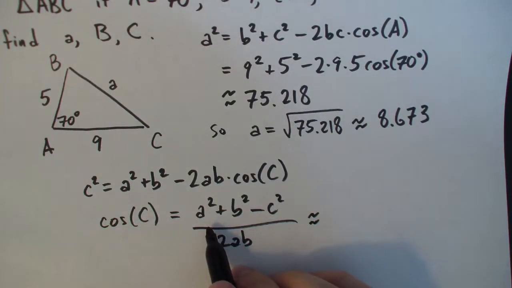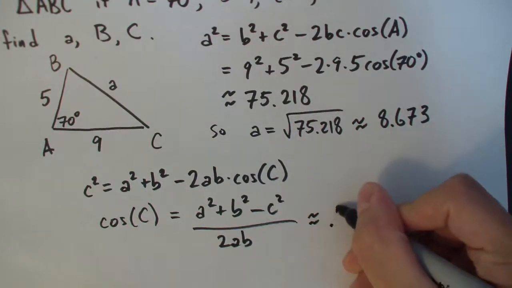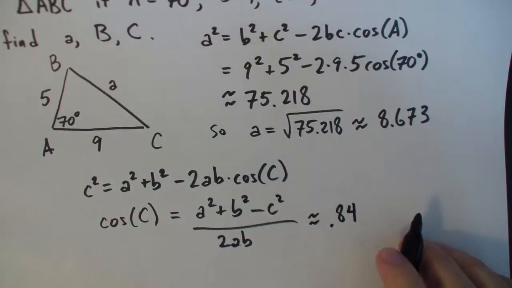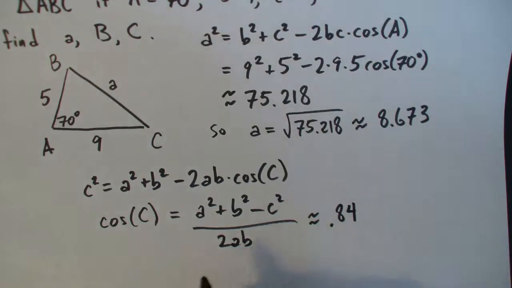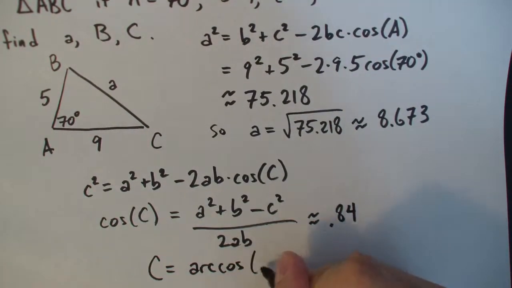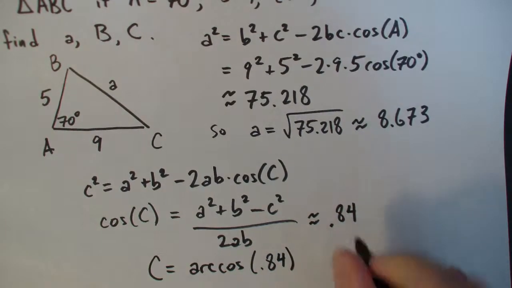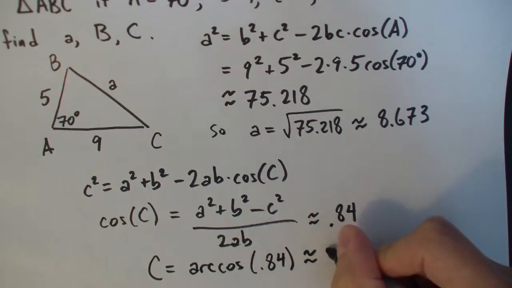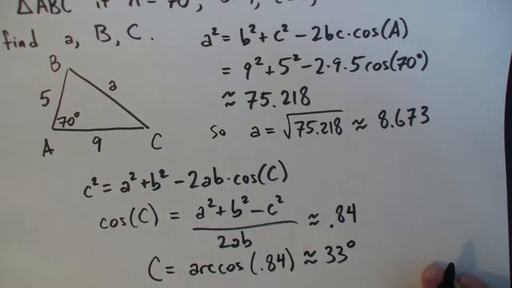And what we find is that this is roughly 0.84. So evaluating the inverse cosine, C is the arc cosine of 0.84, and that comes out to be about 33 degrees.